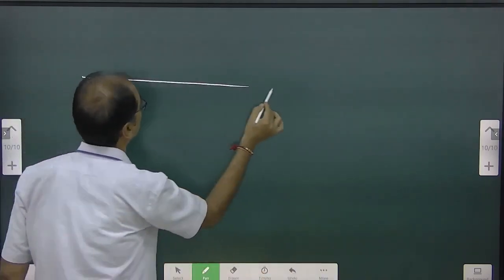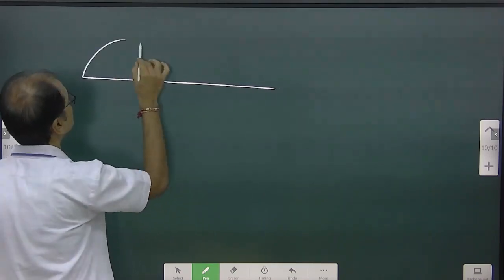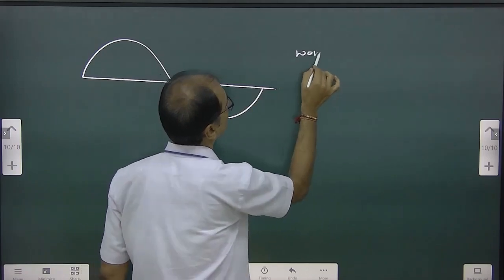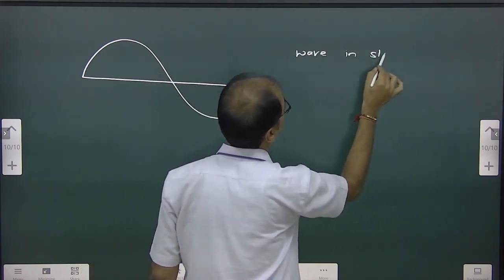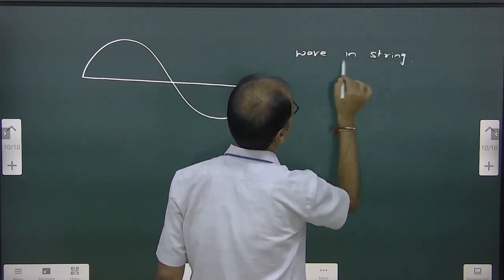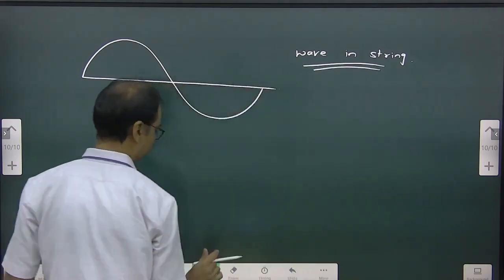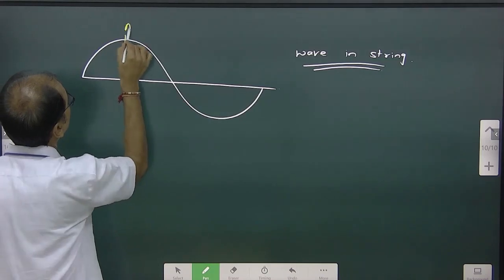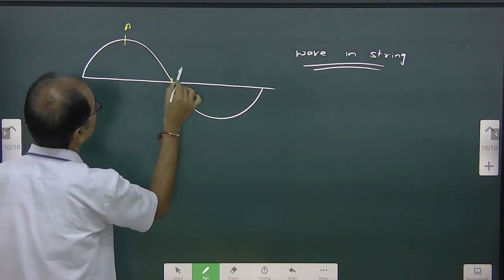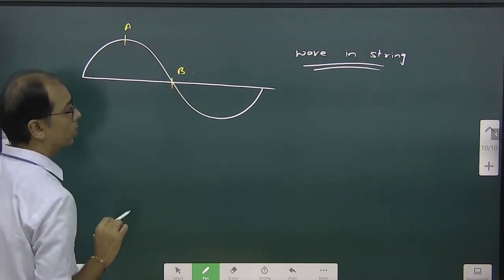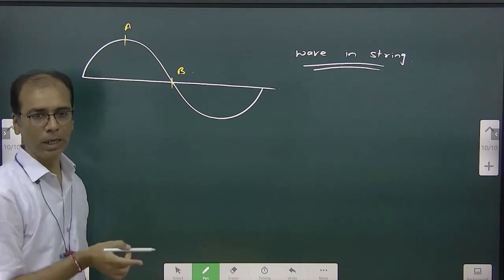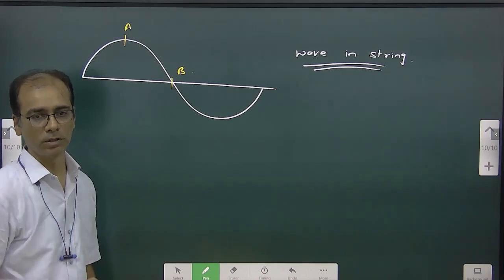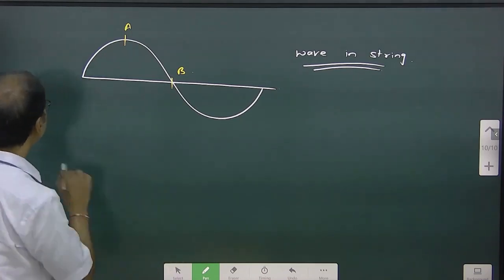So now this is a wave in string. This is point A, this is point B. You have to tell me among A and B where kinetic energy is maximum, where potential energy is maximum.